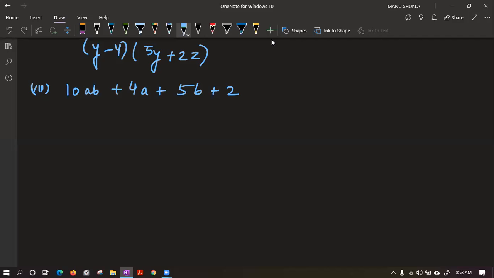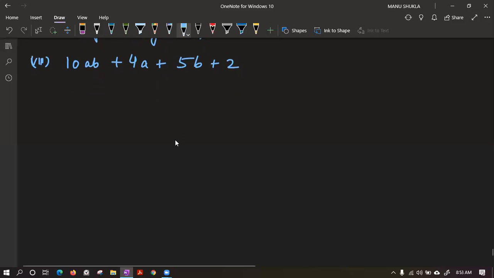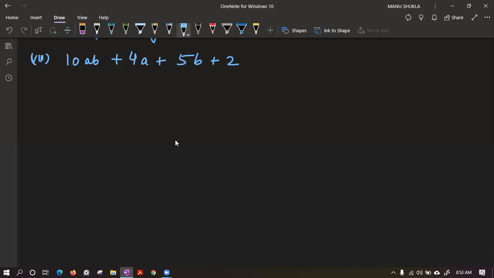Now please help me in this part. What to be done? Shall we do regrouping one, common one, identity one? Which one to go for? Please tell in this question. Hiteshri, you had doubt. Just tell which thing should we go for? Regrouping, identity, common. Okay, Rachit is saying by regrouping it will be done.